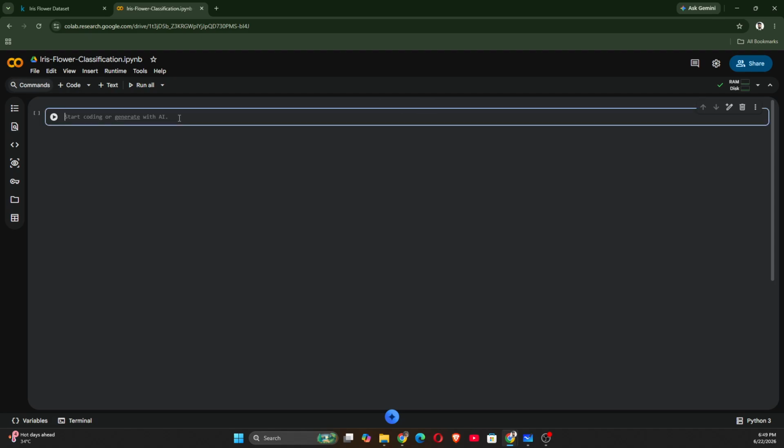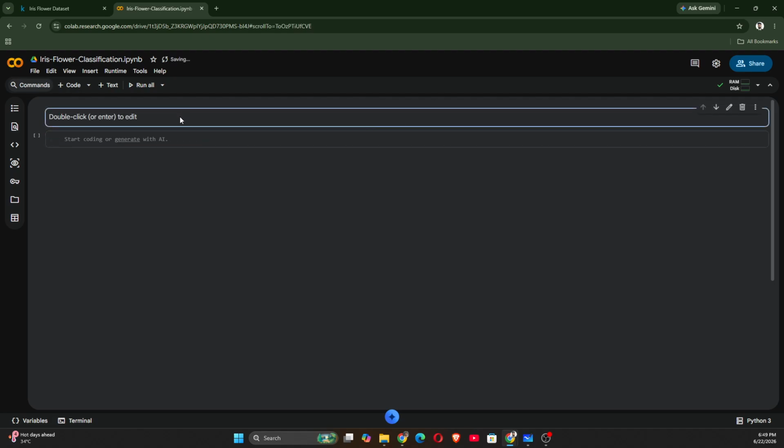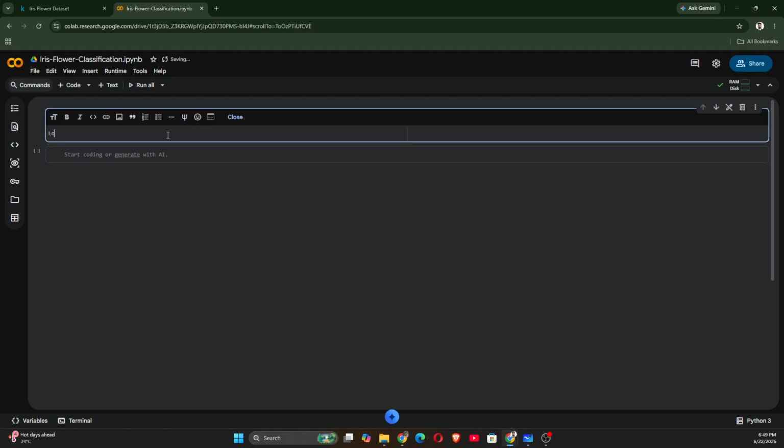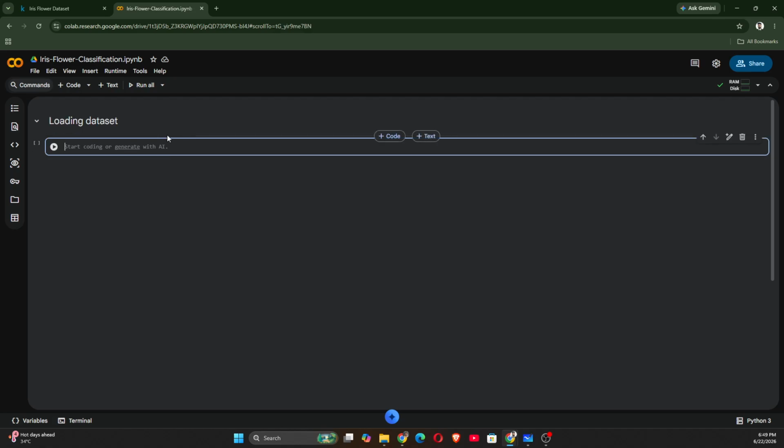So first and foremost is loading the data set. And how can we load the data set?